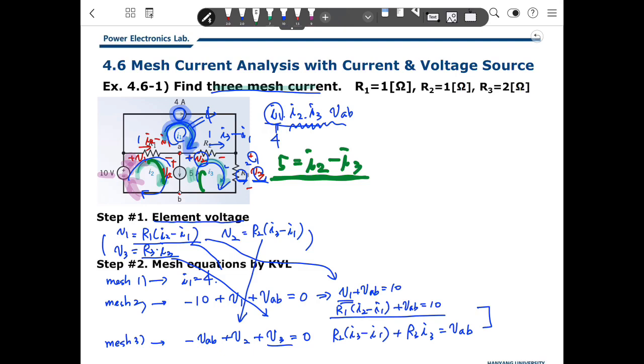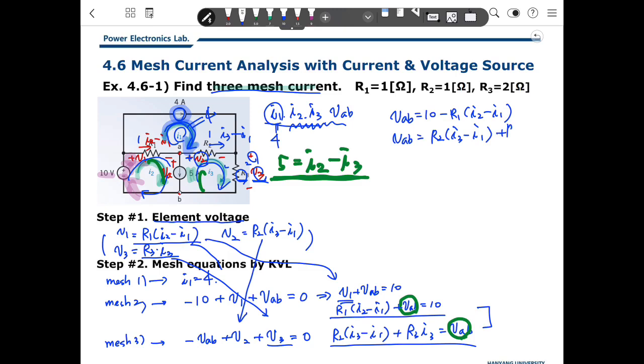Based on that, the VAB and VAB are the same thing, so we can rewrite the equation: VAB is 10 minus R1 times (I2 minus I1), and here VAB is R2 times (I3 minus I1) plus R3 times I3, because this is the same thing.